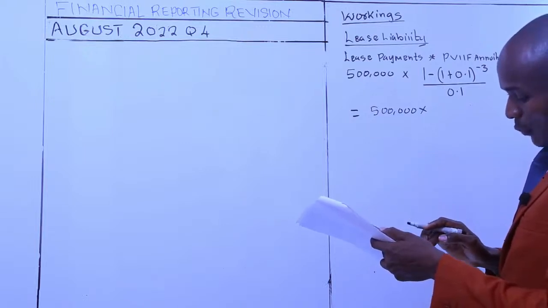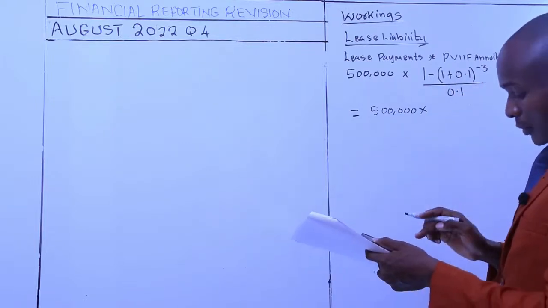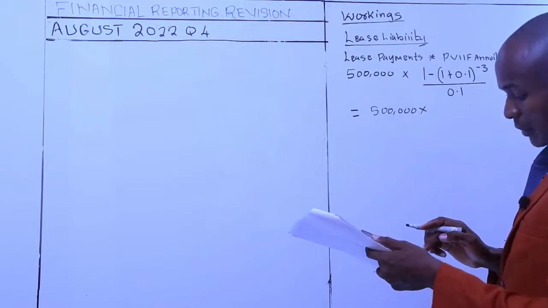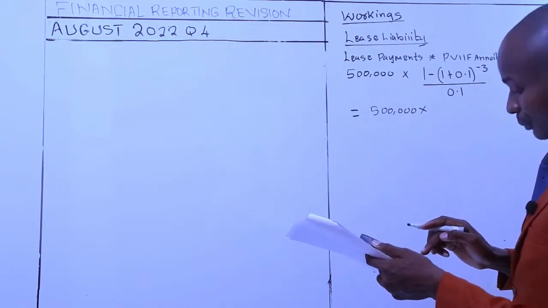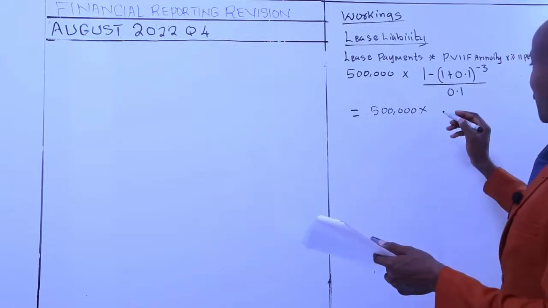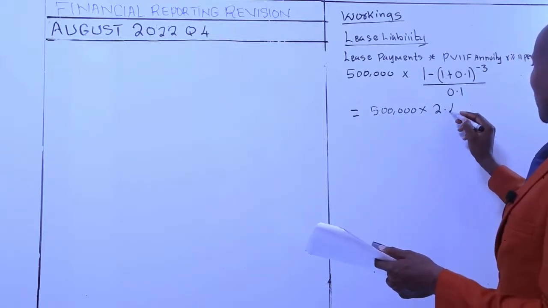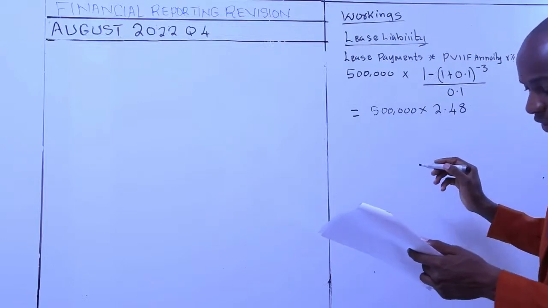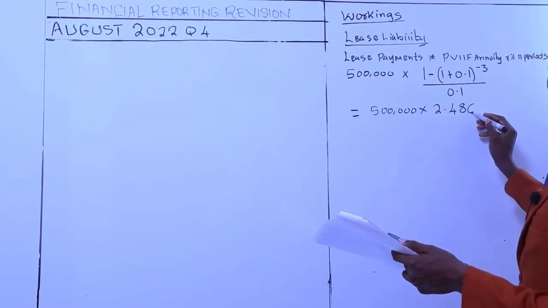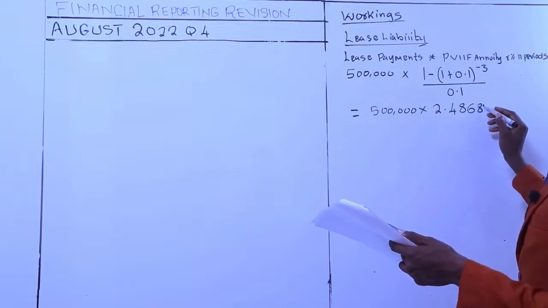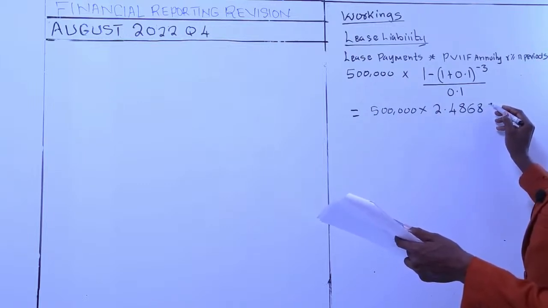times 1.1 raised to power negative 3, 1 minus answer, divided by 0.1, which is 2.48685.